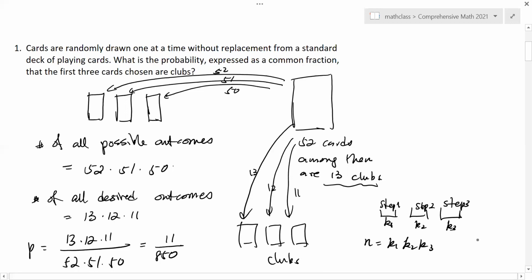And if you have 5 steps, you do the same thing. N is going to be the number of all possible outcomes. It's going to be the product of these numbers.